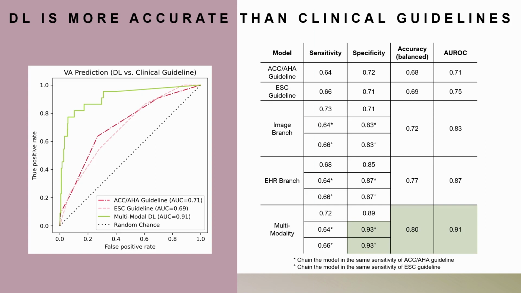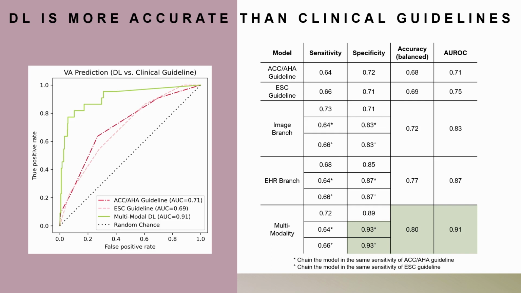Now, here is again the same plot, and we compared it for the same patients. Their risk was assessed using the ESC calculator and the American Heart Association calculator. So for the same cohort of patients, this was sensitivity, specificity, accuracy, and area under the receiver operator curve. You can see here our image branch, our EHR branch, and our combined capability, which is much higher than the ESC or the AHA guideline calculators.